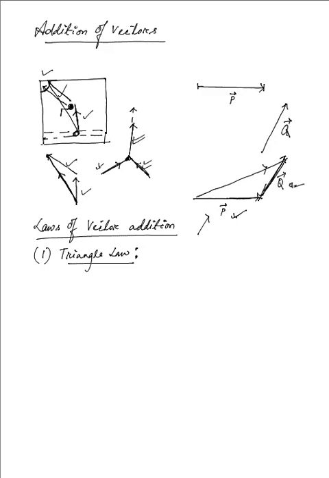This is in the opposite sense, and it gives the resultant. So this is the R vector, which is the resultant, and it is taken in the opposite sense. As you can see, the arrows were moving counterclockwise, while this resultant has been taken in the clockwise sense. So now we have the resultant R equal to P vector plus Q vector.